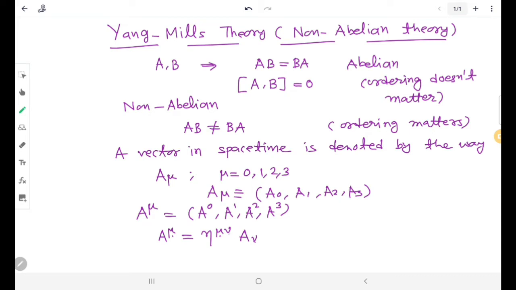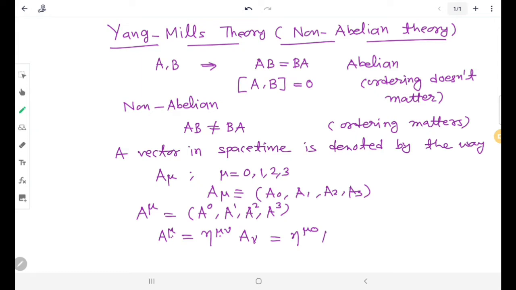So see, nu and nu. Here it is in superscript, and here it is in subscript. So it is called contracted, and we here use the Einstein summation convention. That means the contracted or dummy indices are summed over. That means mu has to be fixed here because it is a free index. So a single index means free, and a double index means contracted index.